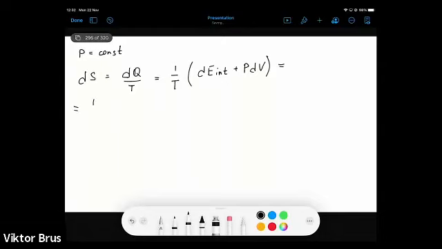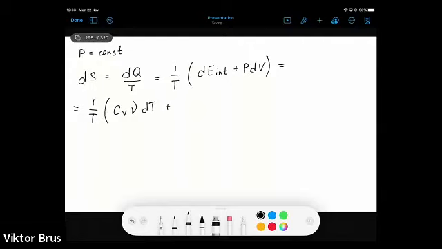So that will be equal to 1 over T. Change in internal energy can be represented via the specific molar heat capacitance at constant volume, CV, times nu, number of moles, times delta T, change in temperature. And also, we would like to express pressure in another form. So what can we do for that purpose?